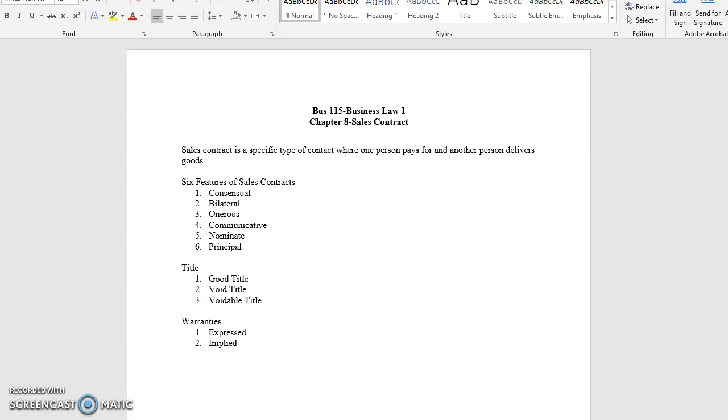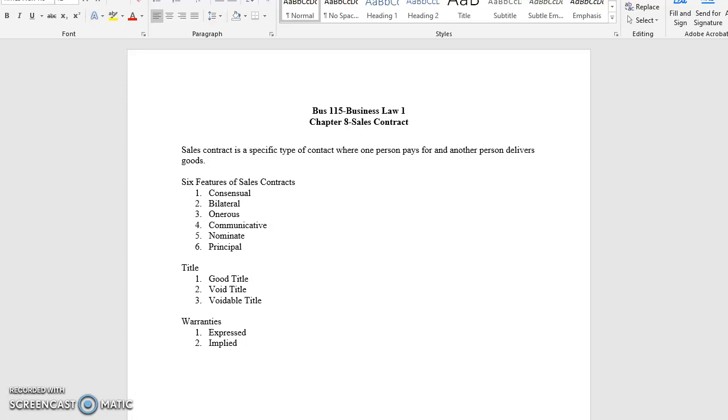So there's not a contract for Food Lion to deliver the pack of gum, and then you'll sell me the pack of gum when Food Lion delivers it. So what principal means is that there's nothing else involved. It doesn't depend on the existence of any other contract. So those are the 6 features of a sales contract, and again, they're pretty similar sounding.